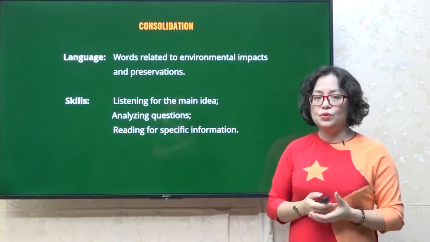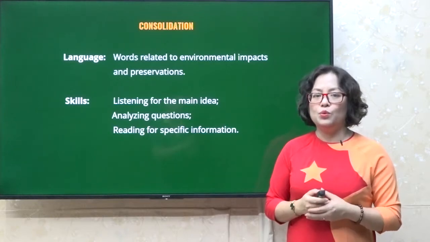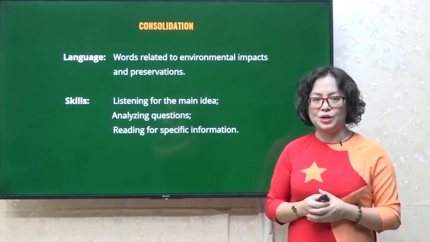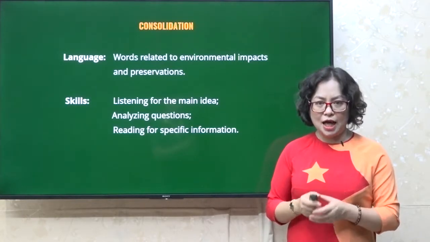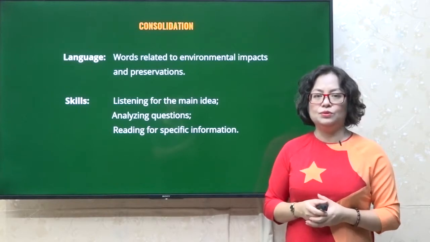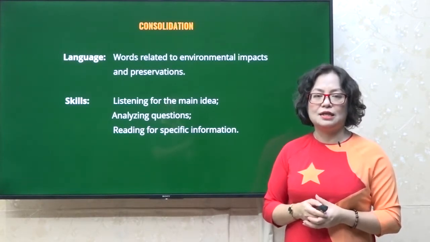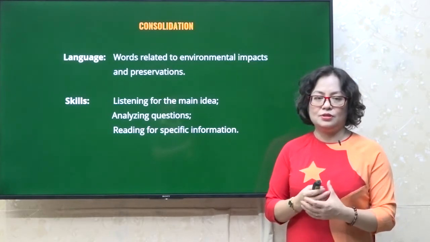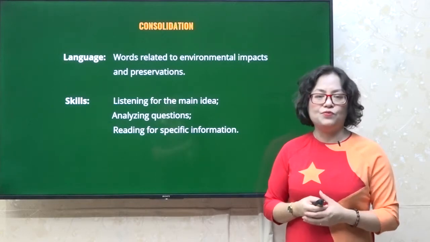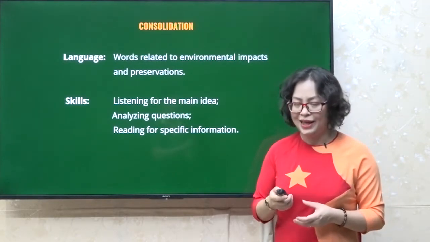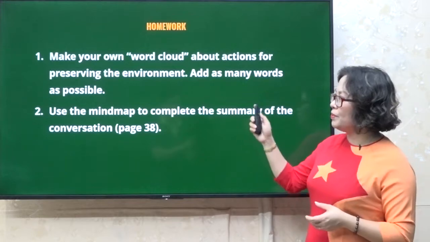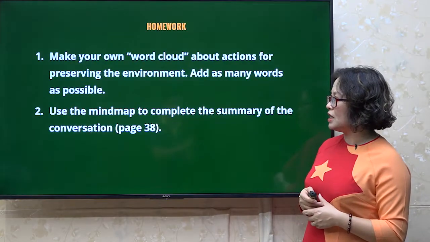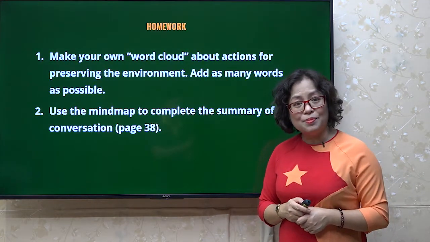Today, you have learned with me words and phrases relating to environmental impact and preservation in language. And in skill, you have improved listening skill for the main idea, analyzing skill for question, and reading for specific information. And at home, you make your own word cloud about action for preserving the environment. Add as many words as possible.